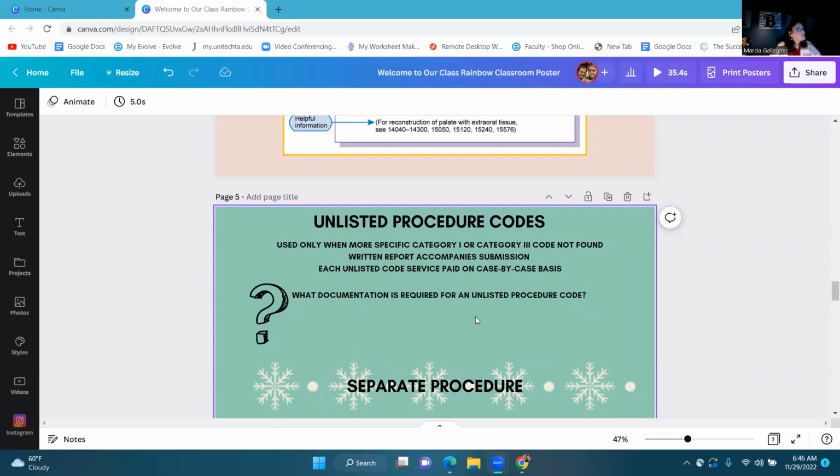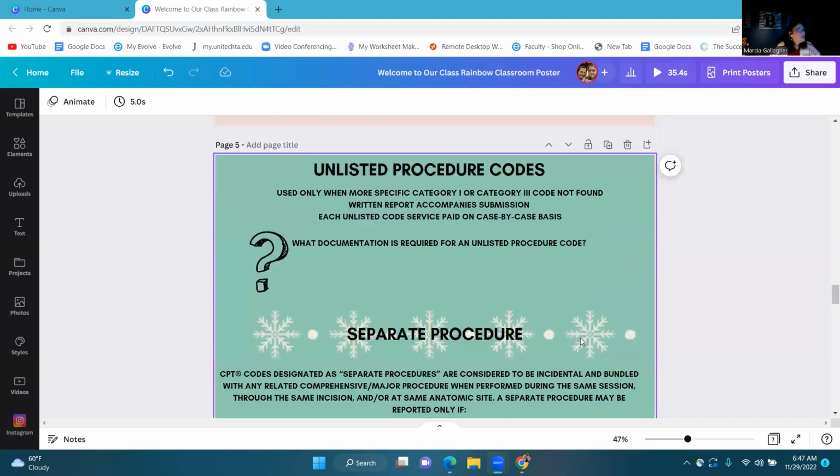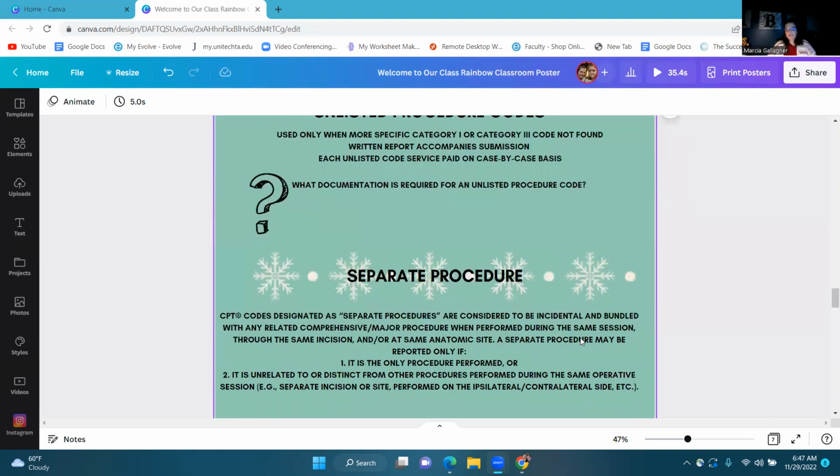What documentation is required for an unlisted procedure? You guys have learned about special reports. If you use an unlisted code, you must attach a special report. A special report. So now let's talk about separate procedures.